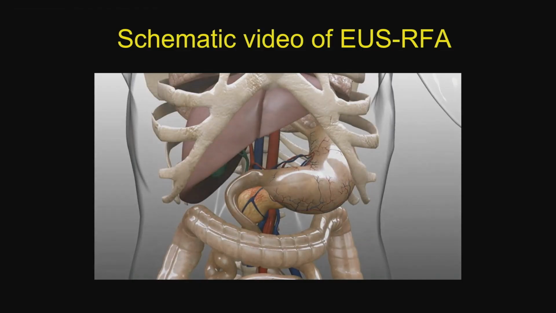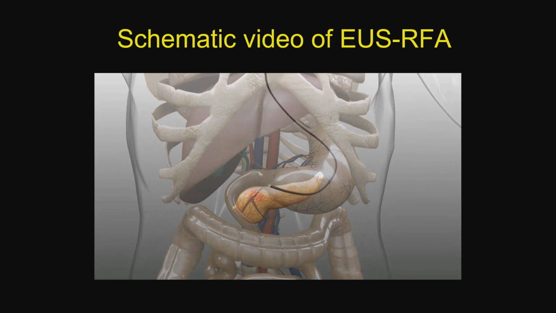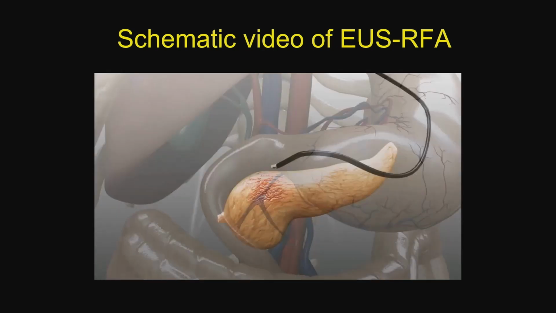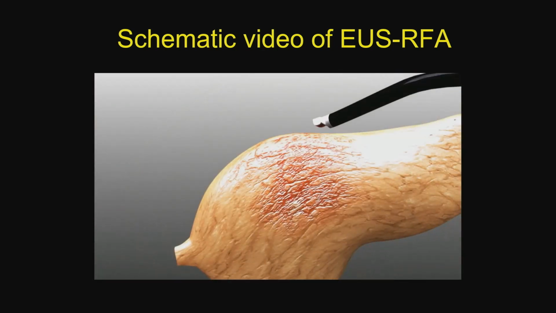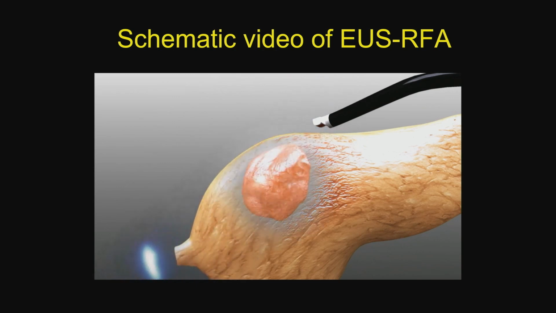This schematic video shows how we can do EUS-guided RFA for pancreatic tumor. After insertion of the echo endoscope, we can delineate the pancreatic lesion on the EUS, and then we can use the RFA electrode to puncture the lesion, firstly to the deeper part, and create ablation by applying RF power, and then retract the needle into the superficial part.